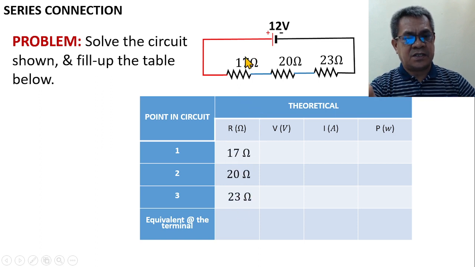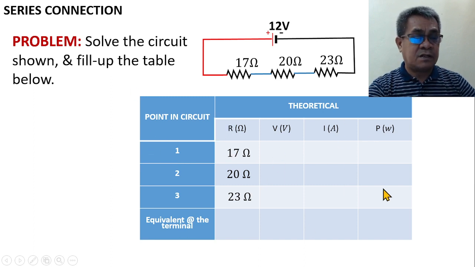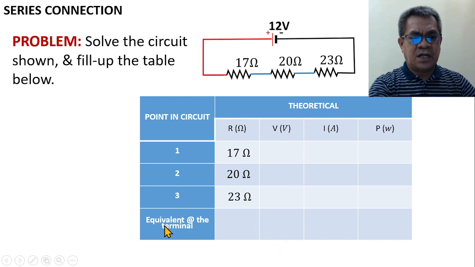Again, we can say R1, R2, R3. Put it here. So R1, R2, R3. These are the points in the circuit: resistance, voltage, current, power. Remember power. We need to calculate. So the R equivalent of this, because they are series, then this 12 volts is the what? 12 is the V equivalent. So the lowest row is R equivalent, V equivalent, I equivalent, and this is the total power.